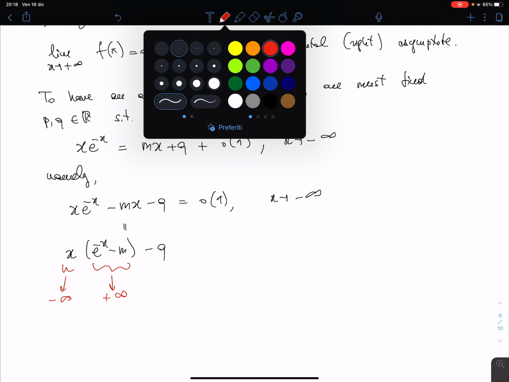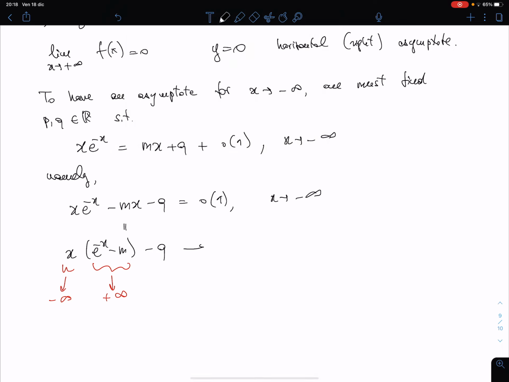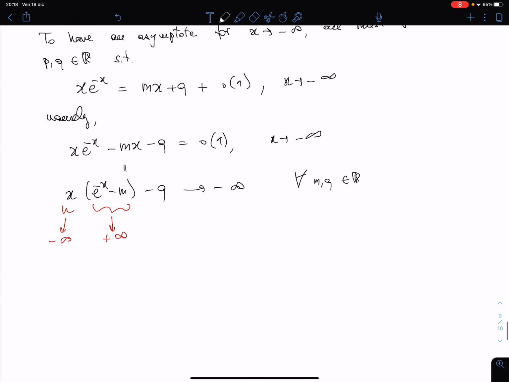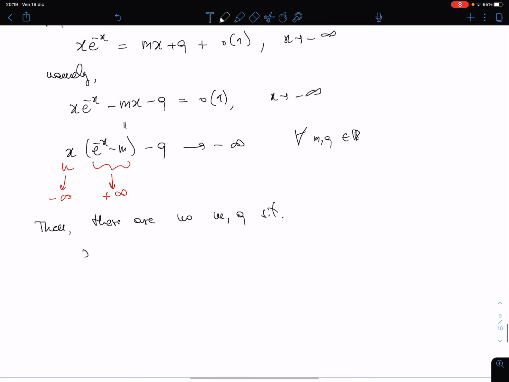So this always goes to minus infinity for every m and q in R. Then there are no m, q such that x e to the minus x minus m times x minus q is little o of 1 as x goes to minus infinity.